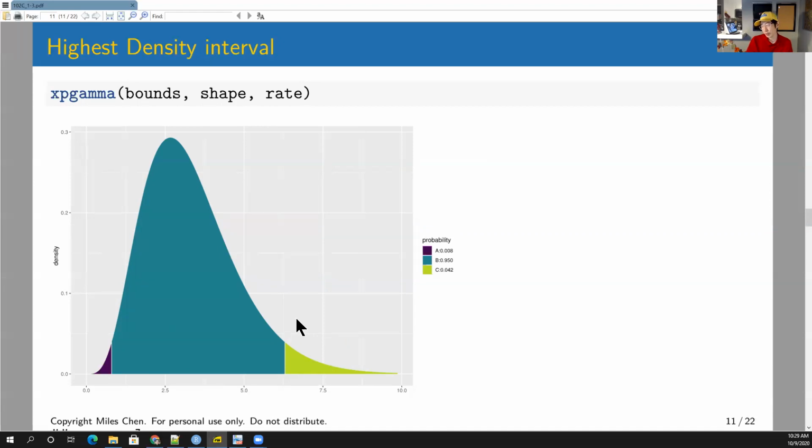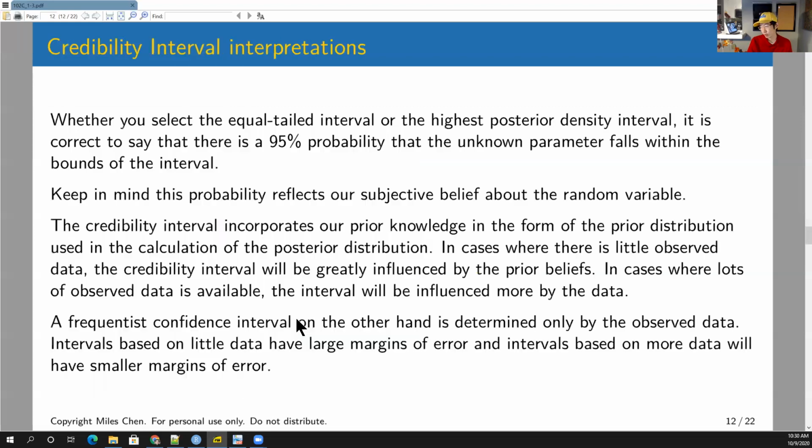Maybe the highest density interval is a little more popular, but the equal tail interval is not wrong either. Whether you select the equal tail interval or the highest posterior density interval, it is correct to say that there's a 95% probability that the unknown parameter falls within the bounds of the interval.